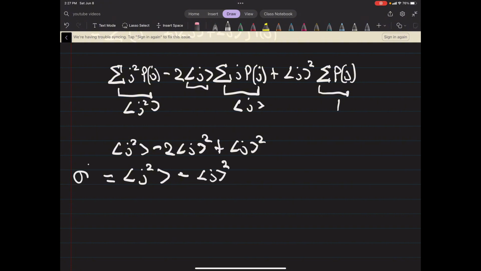And that's our sigma squared. And of course sigma then is just the square root of this, which is often called our standard deviation. Okay? So that tells us how spread out our distribution is.